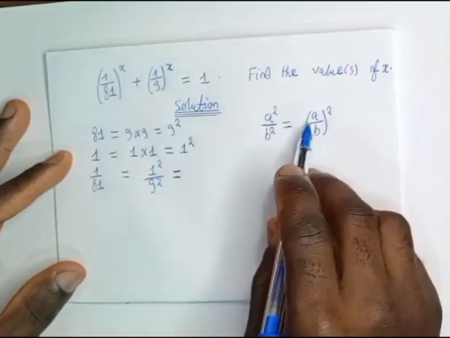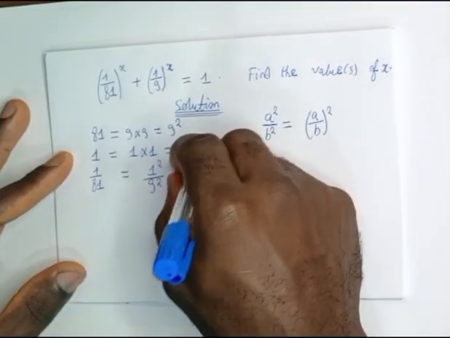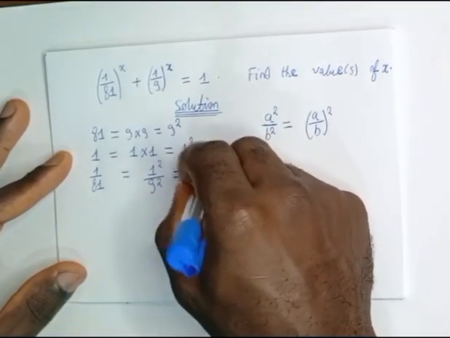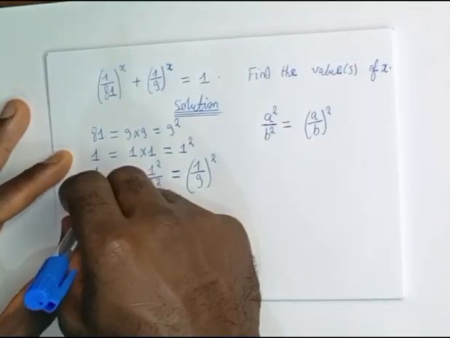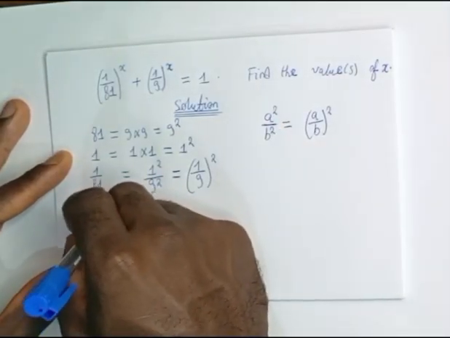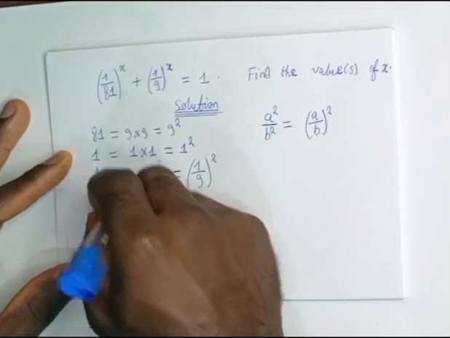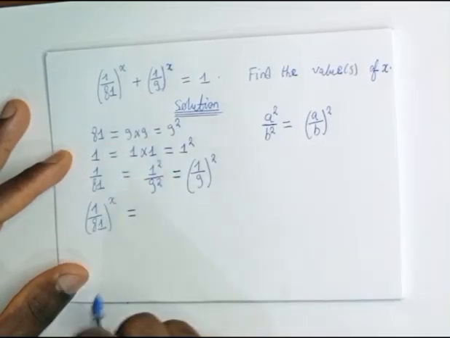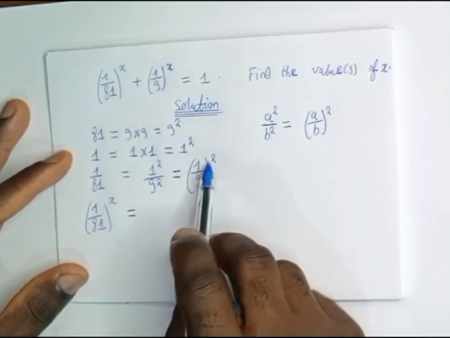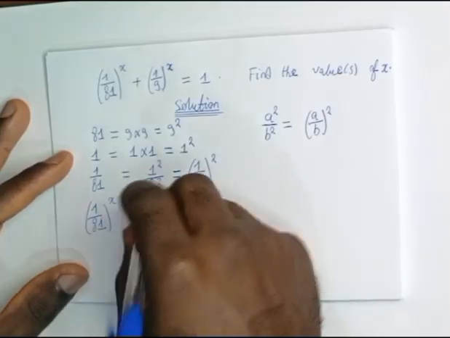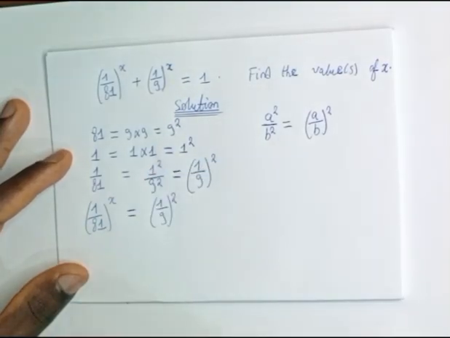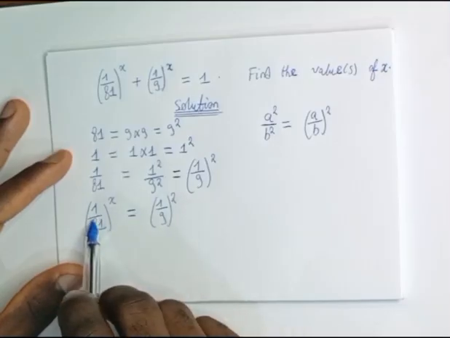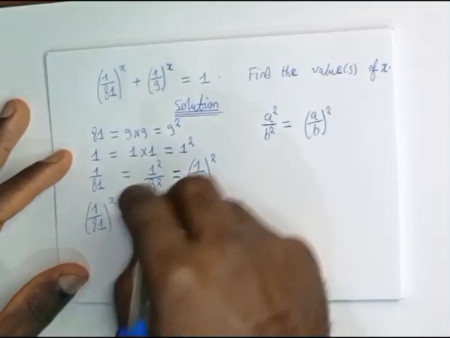So applying this formula here, this will give us 1 all over 9, all this squared. 1 on 81 raised to the power x will simply be equal to, remember 1 over 81 is 1 over 9 squared, all this raised to the power x.